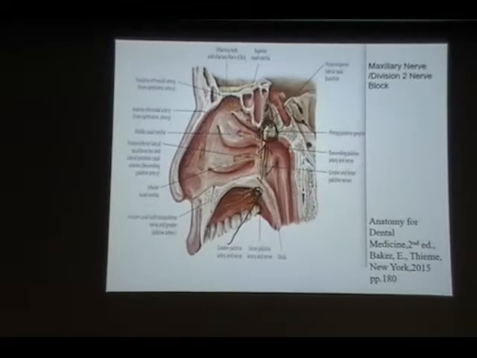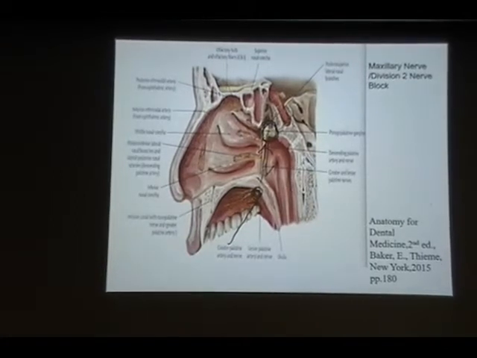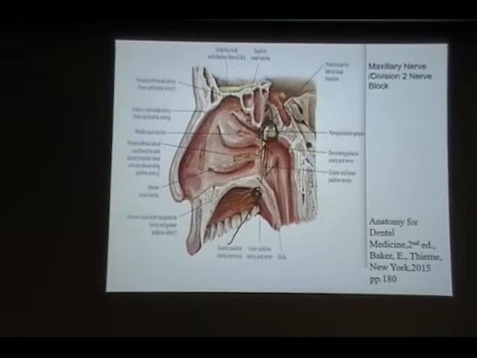Every branch. So all of the palatine fibers, all of the buccal fibers going to molar dentition, all of the buccal fibers going to premolar dentition, all of the anterior dentition, canine to central incisor, can be anesthetized with a single injection site. And also you would get the nasal palatine branches.